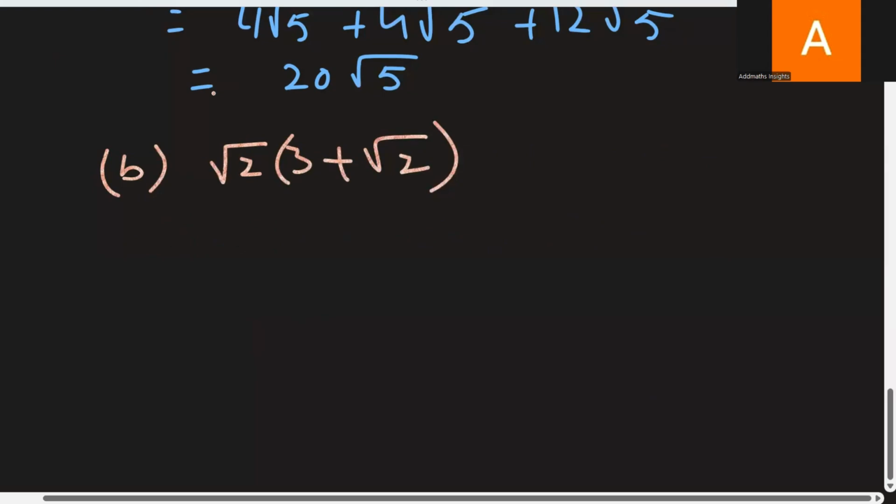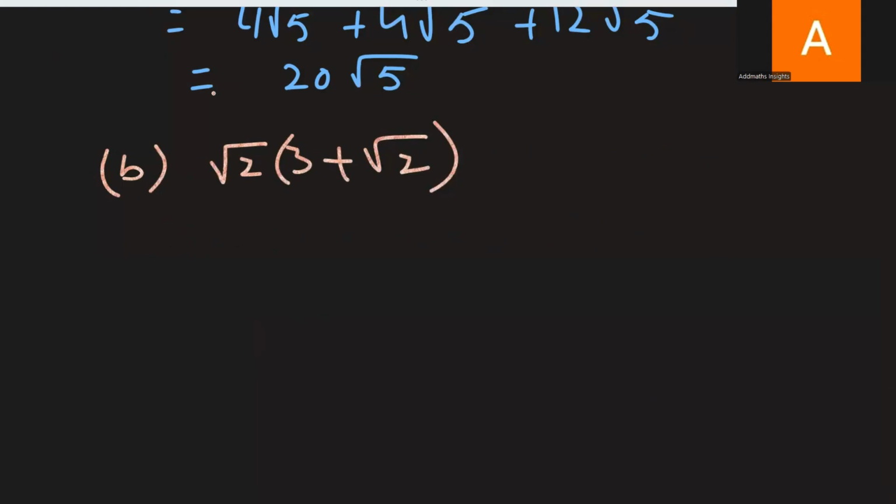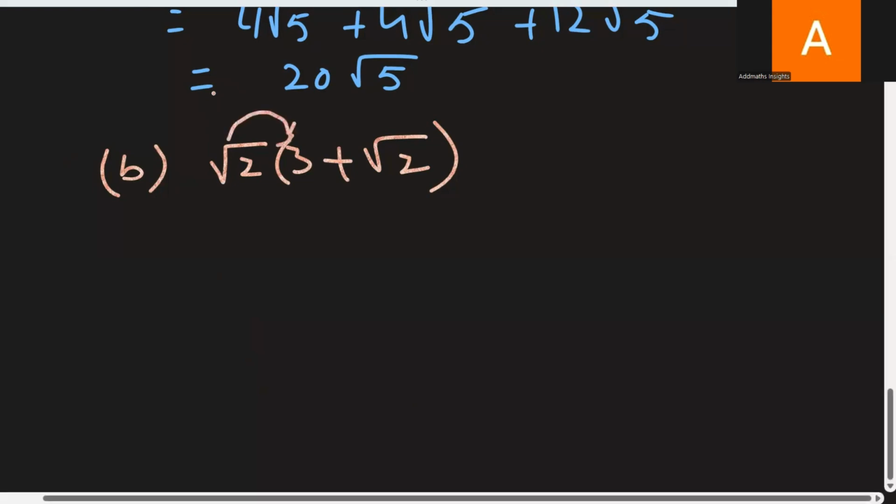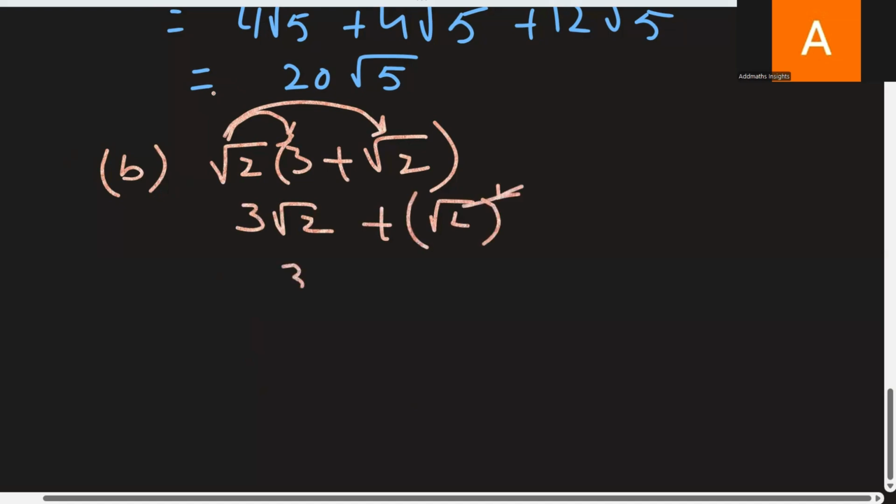So its multiplication is again just like algebra, the distributive law. You multiply under root 2 by 3, and then you also multiply under root 2 by under root 2. When you multiply under root 2 by 3, you get 3 under root 2, and for the other, both are the same, so you can write under root 2 squared, and you simplify. So your final answer is 3 under root 2 plus 2. So this is called multiplication.